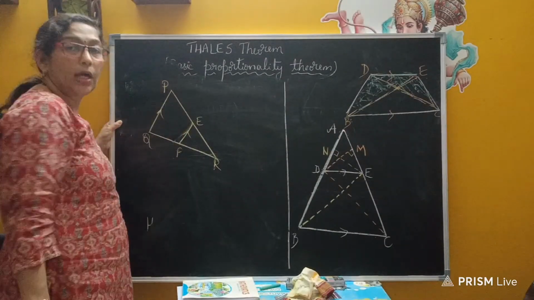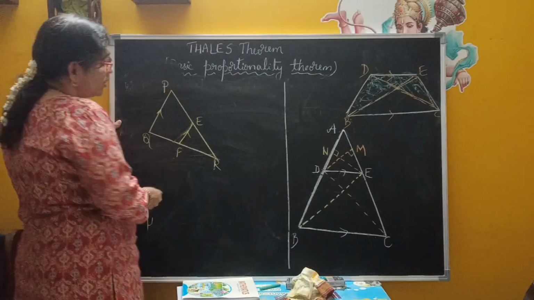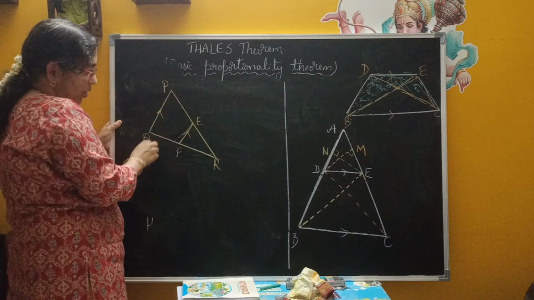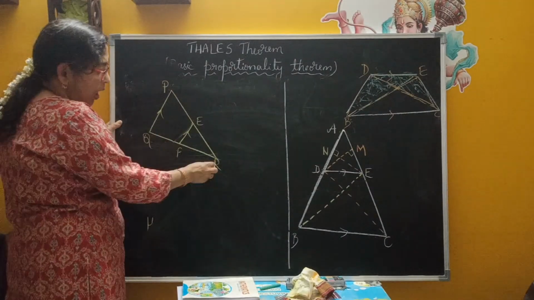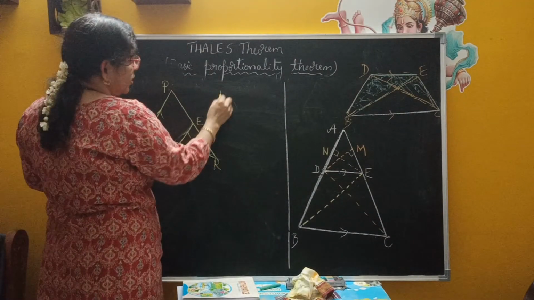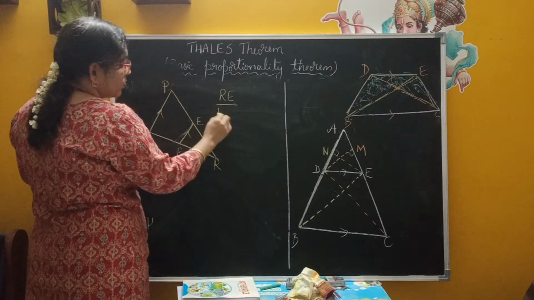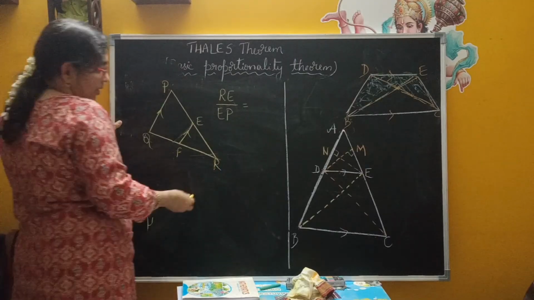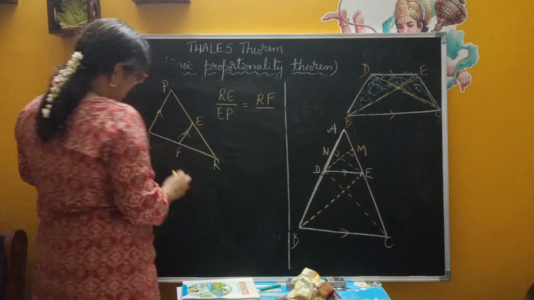How can you explain Thales theorem or basic proportionality theorem for this? Here EF is parallel to PQ. So which are the other two sides? PR and QR. So it is equal to RE by EP is equal to RF by FQ.